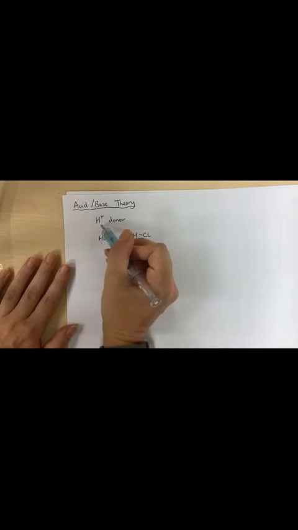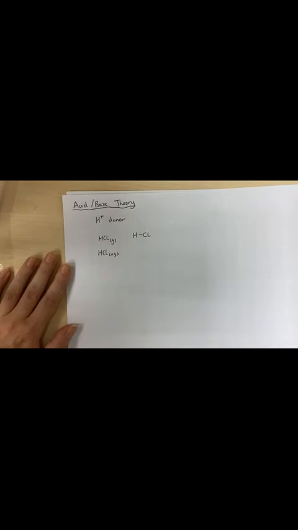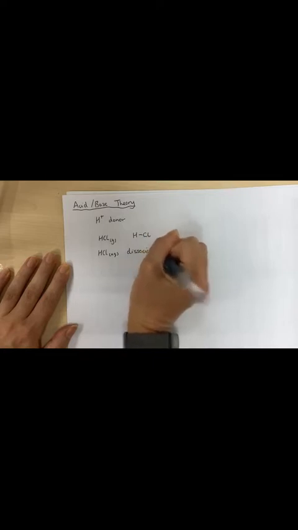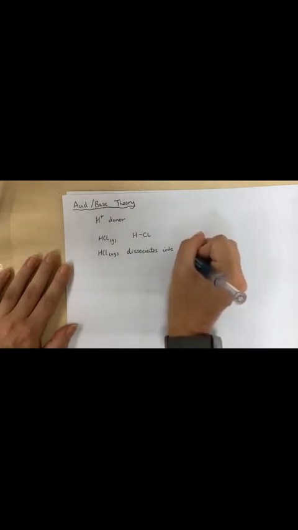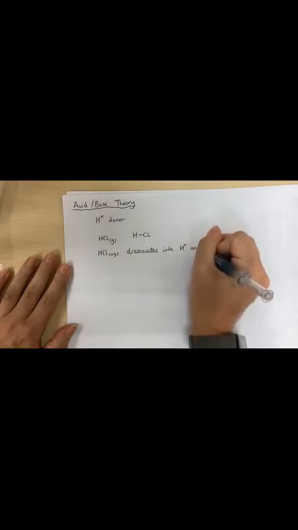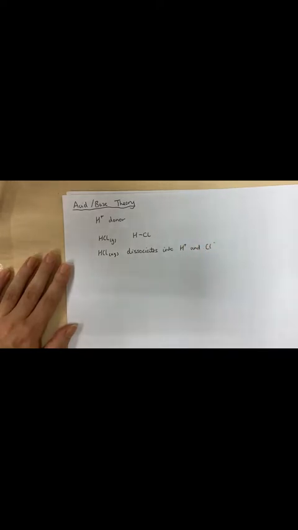So it can't be an acid because it can't donate a H+, can't donate a proton. But when we add water, when it becomes aqueous HCl, this covalent bond no longer exists. It dissociates. So that is one of our key words, that idea that it dissociates into a proton, a H+ ion, and a Cl- ion.